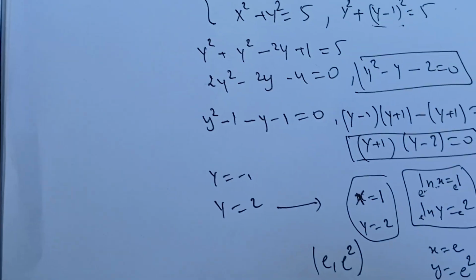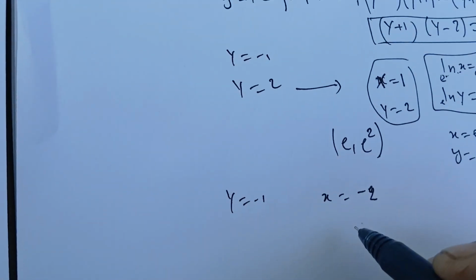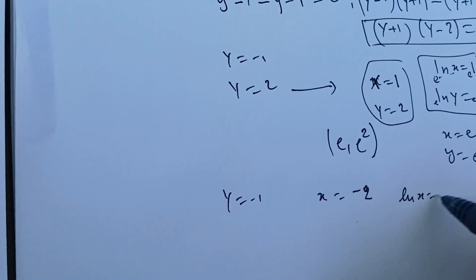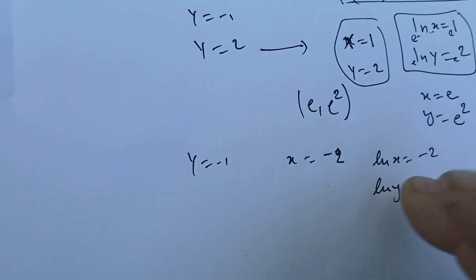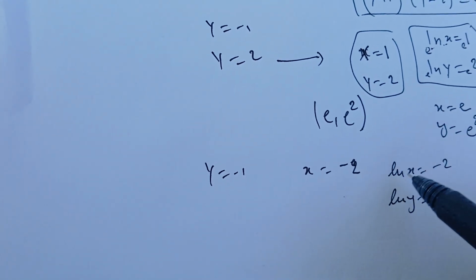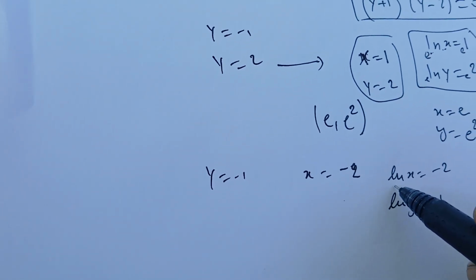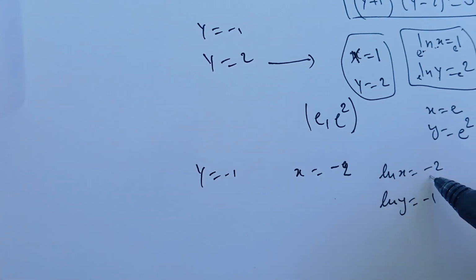Now I solve for Y equals minus 1. Then X is minus 2. So that means the natural log of x is minus 2 and the natural log of y is minus 1. Again, I take the exponential of both sides.